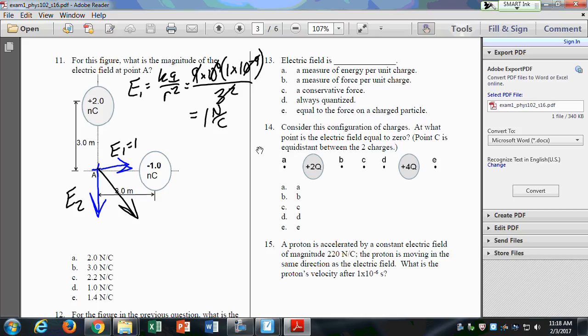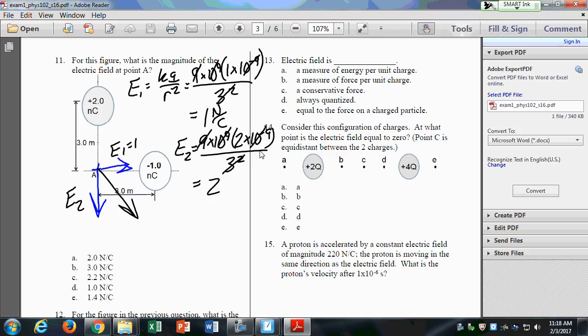So E1 is equal to 1. I do a similar thing for E2: 9 times 10 to the 9th, 2 times 10 to the minus 9, divided by 3 squared, that's the distance, cancels there, and that's equal to 2.